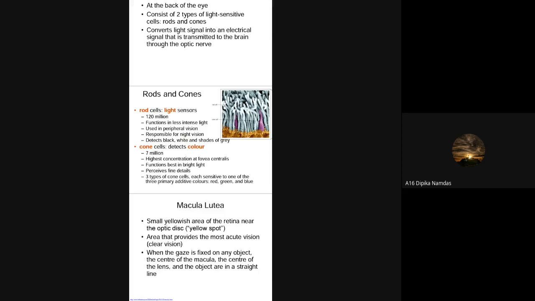If any person has a problem in the cone cells, that person cannot observe the various colors. We call it color blindness. Due to the lack of cone cells, the person cannot observe the proper color. So the cone cells are responsible to visualize or identify the colors observed by our human eye.